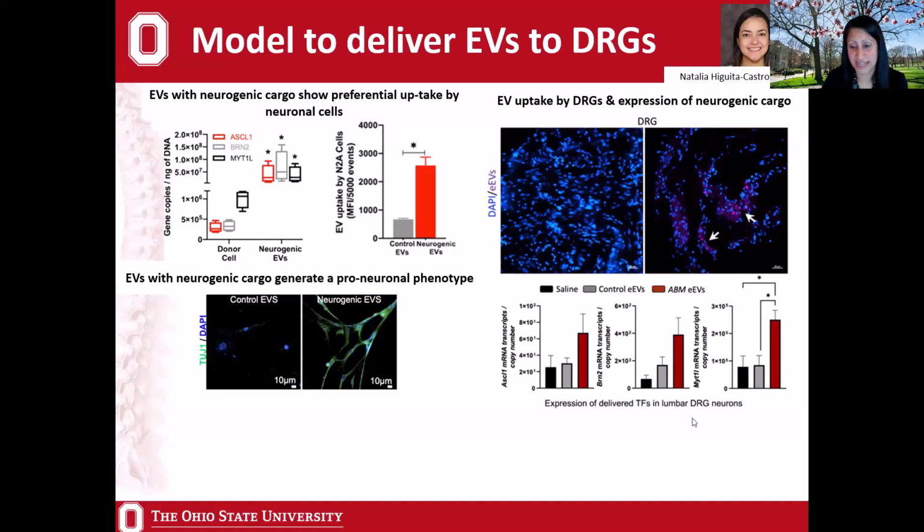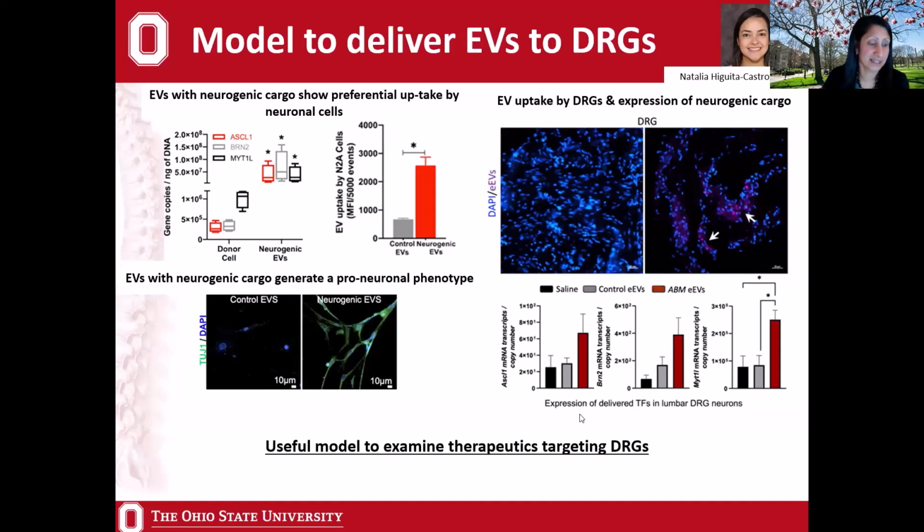Then we quantified the expression of our transcription factors in the isolated DRGs, and for our ABM factors, which is this cocktail here, we're seeing an increase in these factors in the DRGs that have been injected with the EVs. So really encouraging, a new area for us, and also a model for maybe targeting therapies towards the DRGs.